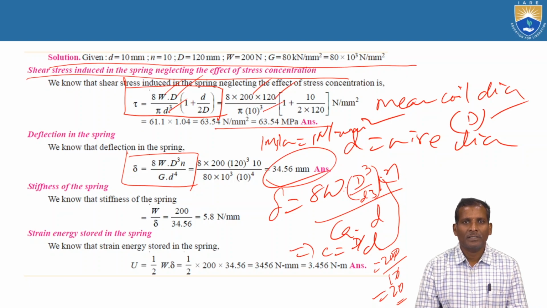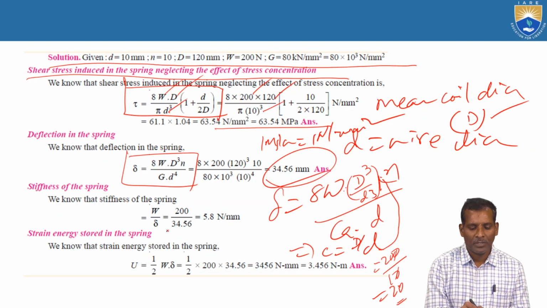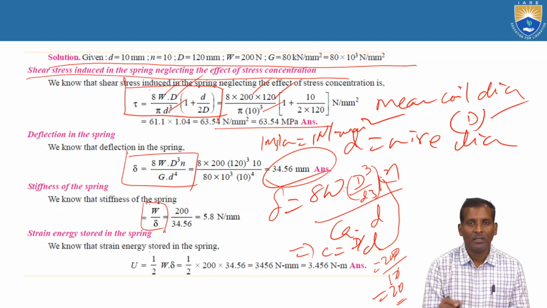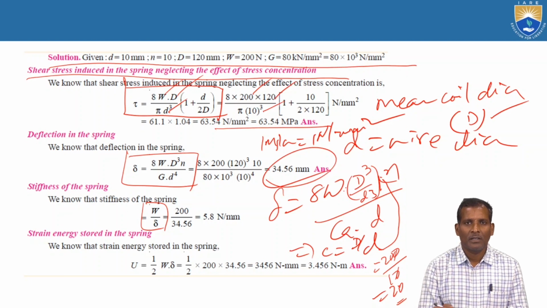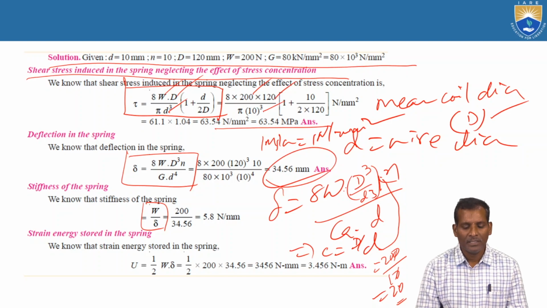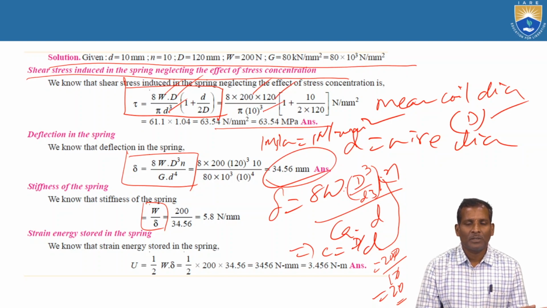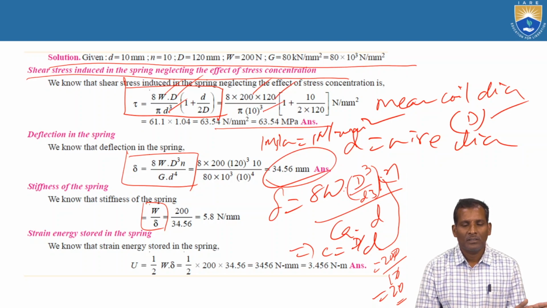Next calculate the stiffness of the spring. The stiffness of the spring is load for unit deflection. The deflection was calculated in the previous step, that is 34.56. The stiffness of the spring is load upon deflection.